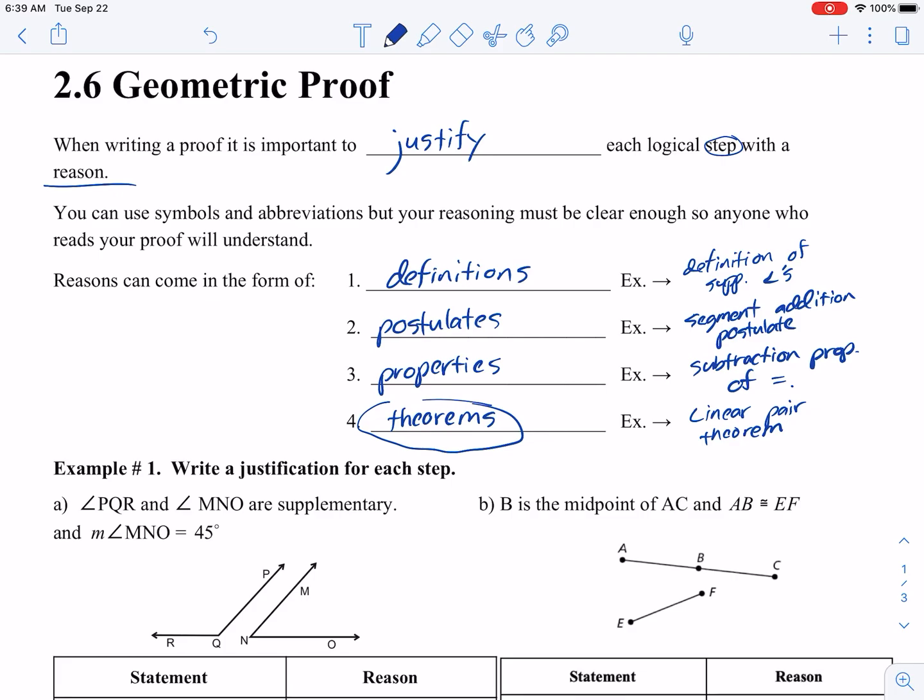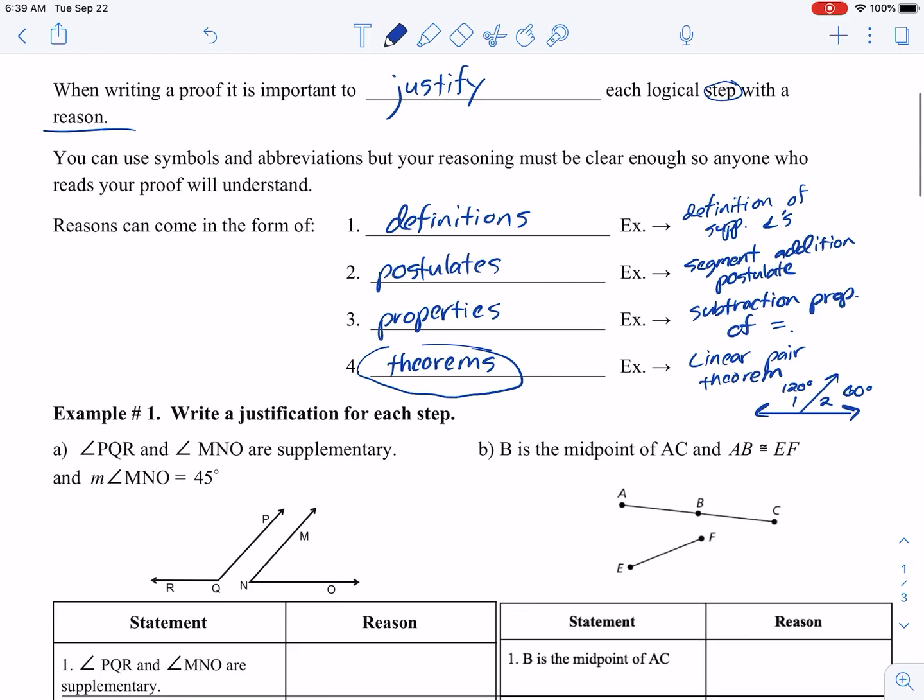And if you remember a linear pair, we defined what a linear pair is: two angles that are adjacent and form a straight line, like 1 and 2. Well, the linear pair theorem states that if 1 and 2 are a linear pair, they must also be supplementary, meaning summing to 180. And you're going to have those theorems listed on the back page of these notes, okay? So we'll get to theorems in just a sec.